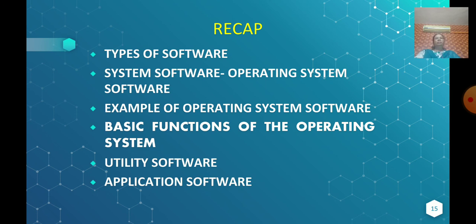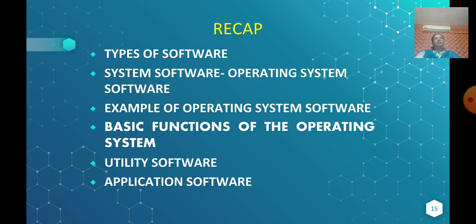And we have learned application software. Application software is a type of computer program, that is software that performs specific functions for personal use or educational business functions. So you are using application software.